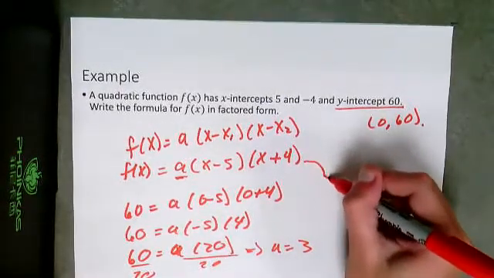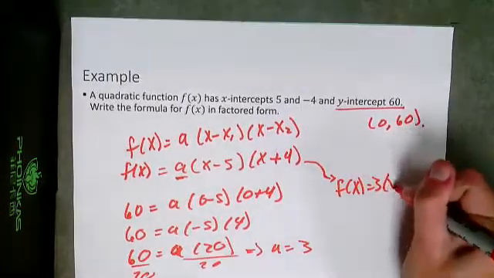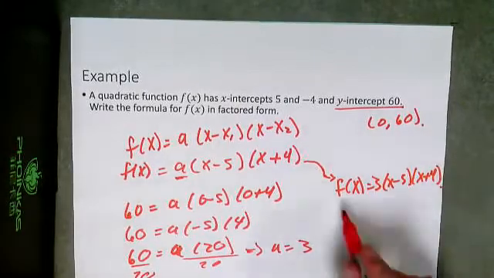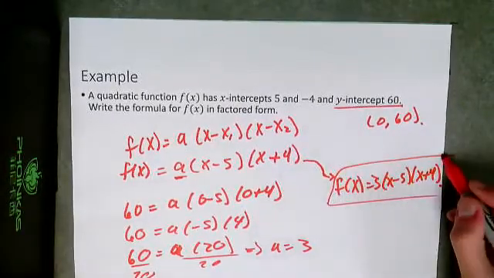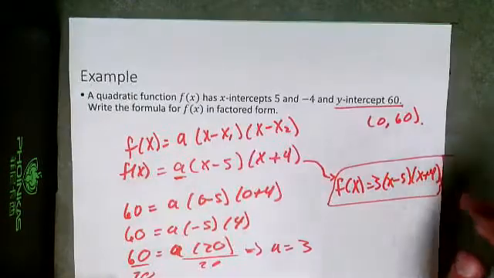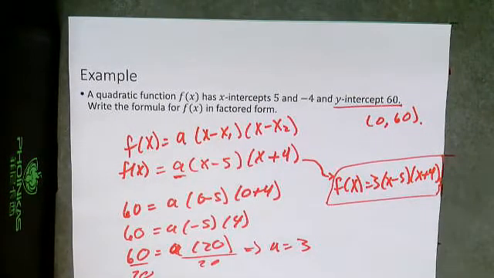So f of x is equal to 3 times (x minus 5) times (x plus 4), and that is our factored form of the quadratic f of x.